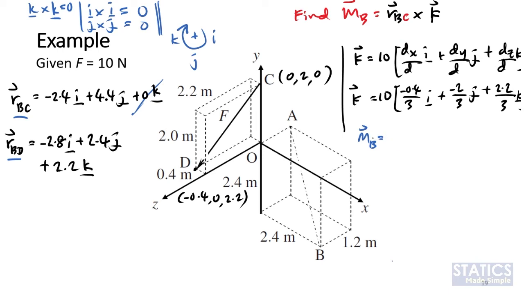So MB now is equal to RBC, which is this guy here, minus 2.4i plus 4.4j, cross with the same force vector.